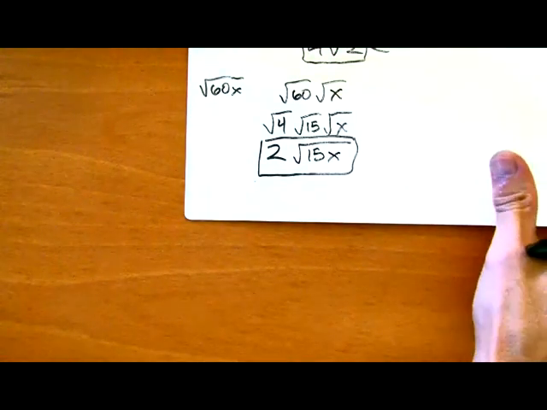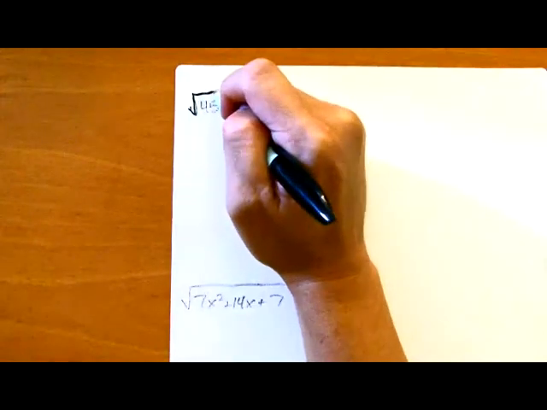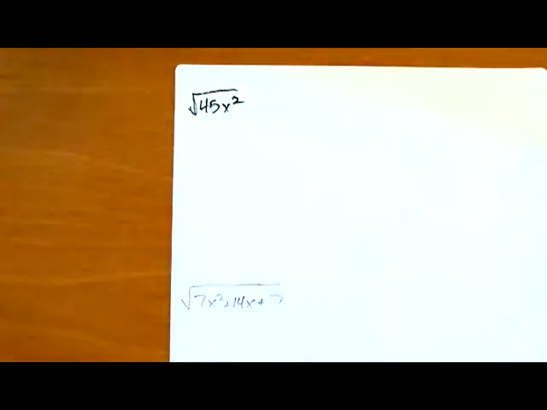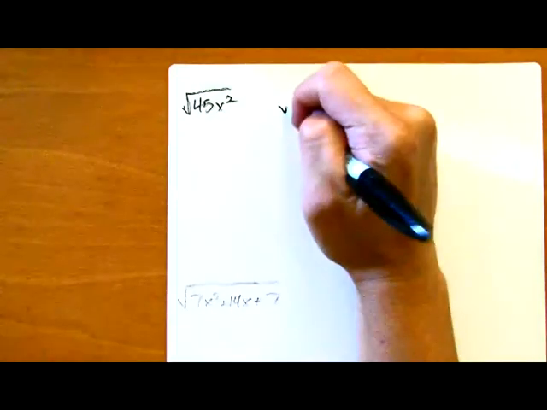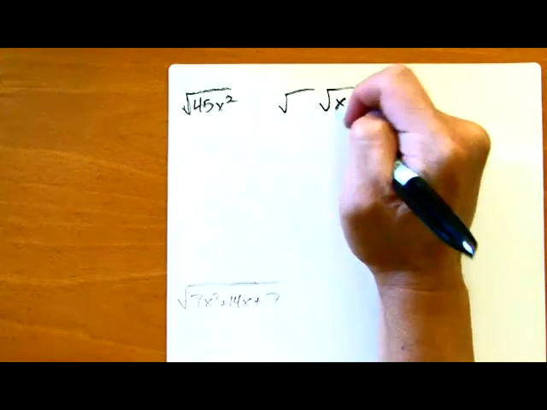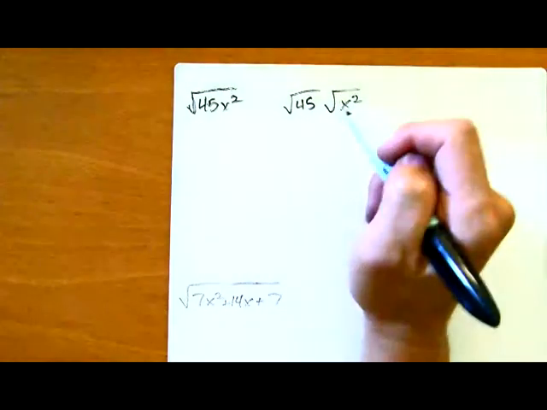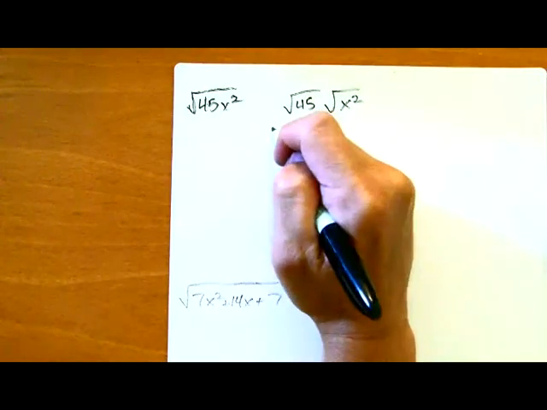Here, let's try another. Radical 45x to the second. We'll split it up. Number and variable separate. I can square root the x squared. That would be x.